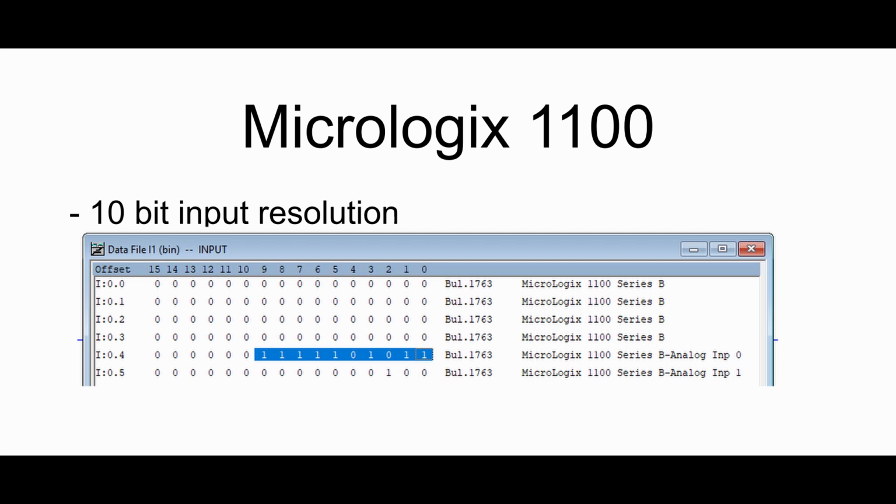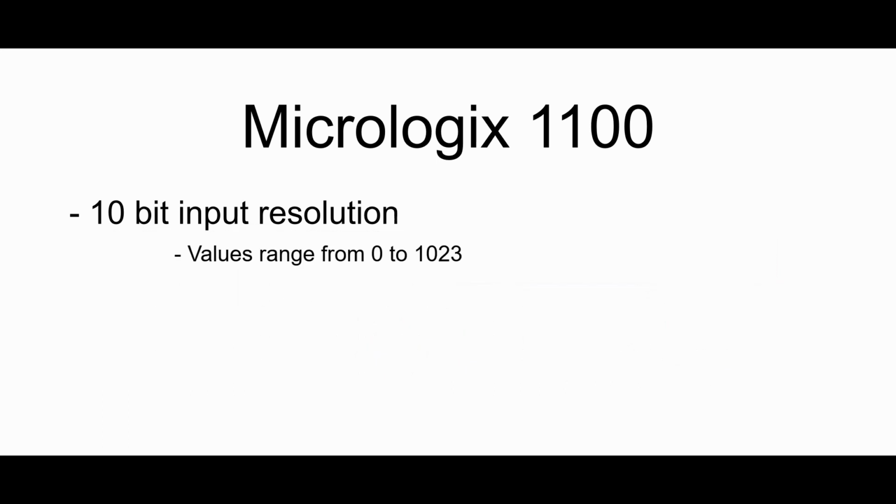Those are my 2 analog input words, and I've highlighted the first 10 bits of input 0.4, the one that I'm going to use here in a second. So you can see bits 0 through 9 that are highlighted. Those are the bits that are going to form a value for you ranging from 0 to 1023.